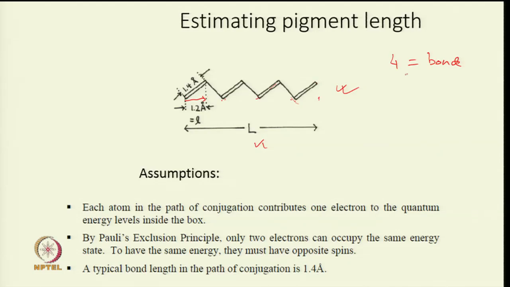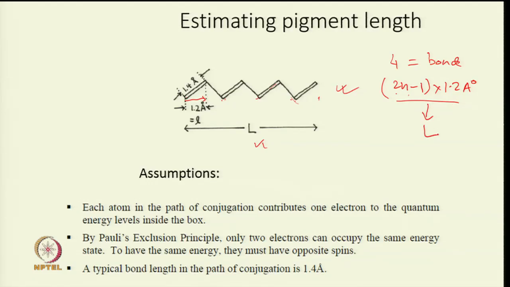And so, what you can do is write this as 2n minus 1 multiplied by 1.2 angstrom. So, if there are 4 double bonds, then you have 2 into 4 minus 1, that is 7, multiplied by 1.2 angstrom length.